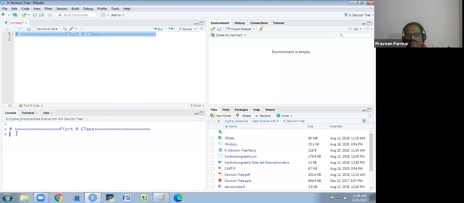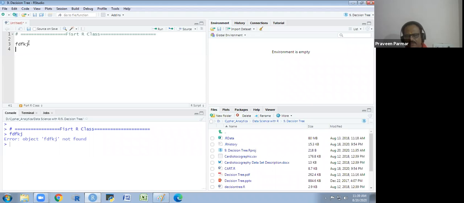Suppose I write some letters without a hash and I run it, I will get an error, because R is using its mind to read this statement. R doesn't have FD, FKJ.